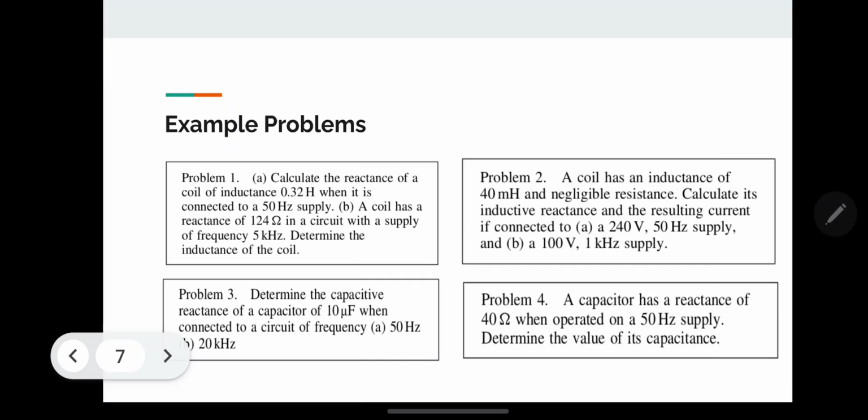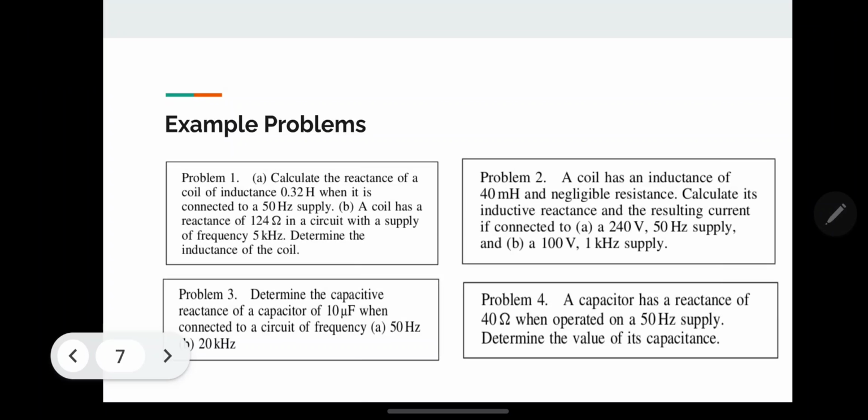Problem number 4 says a capacitor has a reactance of 40 ohms when operated on a 50 hertz power supply. Determine the value of its capacitance.